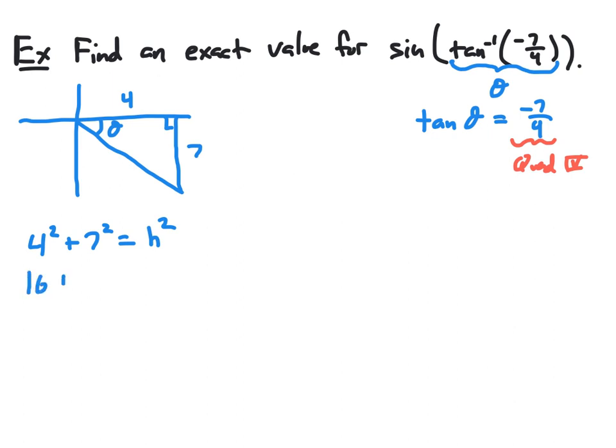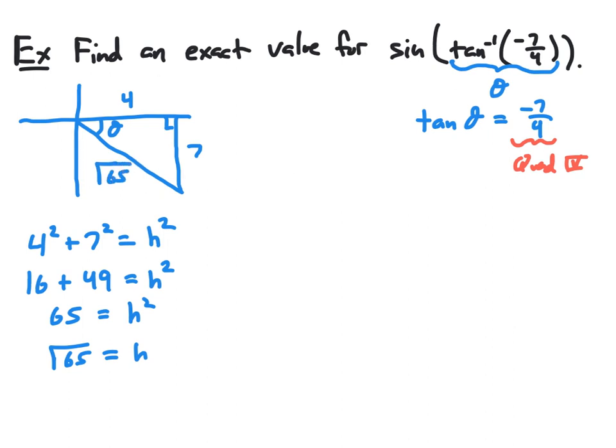This would be 16 plus 49 is equal to the hypotenuse squared. And this looks like 65 will be the hypotenuse squared. And therefore, taking square roots of both sides and excluding the negative because we want a distance here, it looks like our hypotenuse will be the square root of 65.